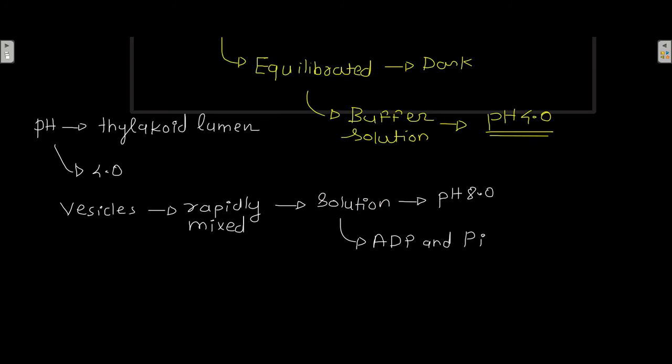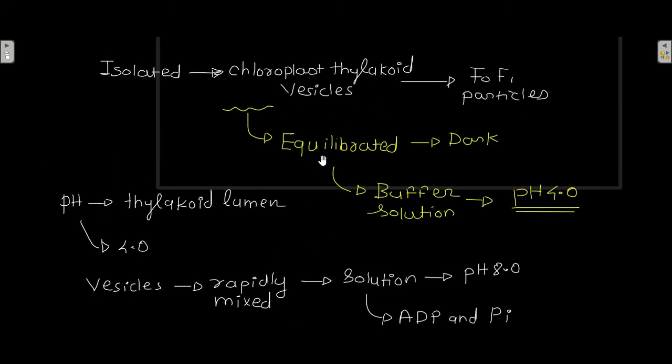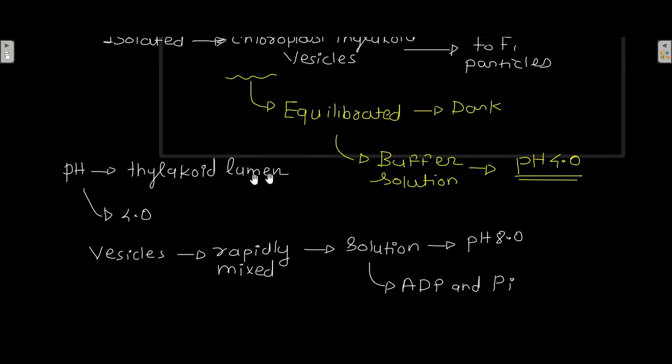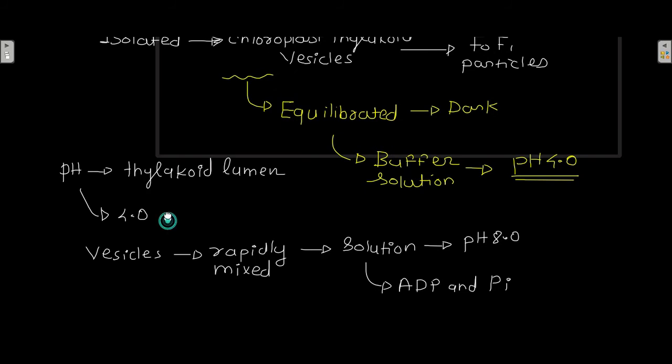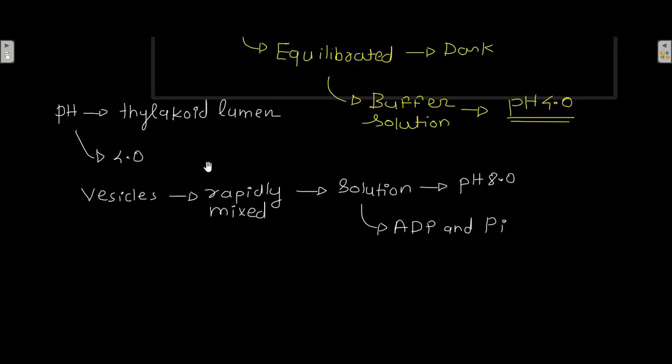When the pH in the thylakoid lumen reached 4.0, the vesicles were rapidly mixed into a solution of pH 8.0 which contained ADP and Pi. So they put the chloroplast thylakoid vesicles into a buffer of pH 4.0, and when the lumen pH also became 4.0, they were rapidly mixed into a solution of pH 8.0 containing ADP and Pi.